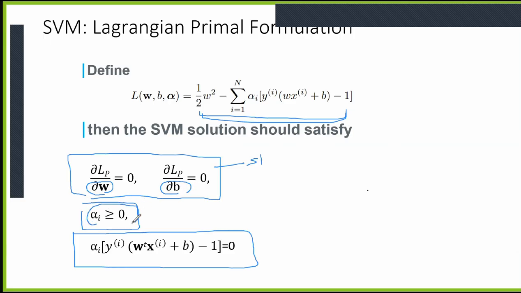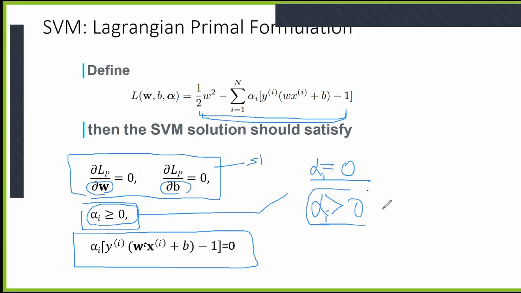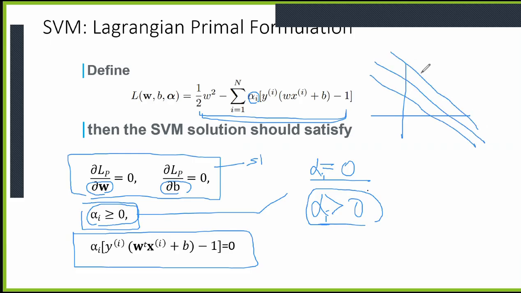And also we want the Lagrange multiplier to be greater than or equal to 0. And here the takeaway is that there could be two cases where the Lagrange multiplier is exactly 0 or greater than 0. Greater than 0 is basically activating the constraint, influencing the constraint, which in terms of the hyperplane, we only care about the support vectors, right?